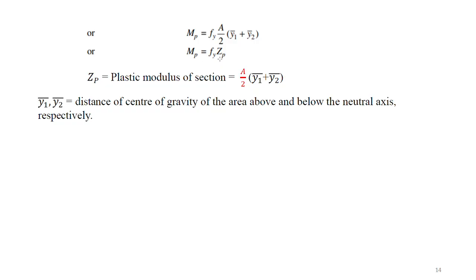This is the maximum plastic moment. Zp is the plastic modulus of the section, given by A by 2 into Y1 bar plus Y2 bar, whereas Y1 bar and Y2 bar are the distances of the centers of gravity of the areas above and below the neutral axis respectively.